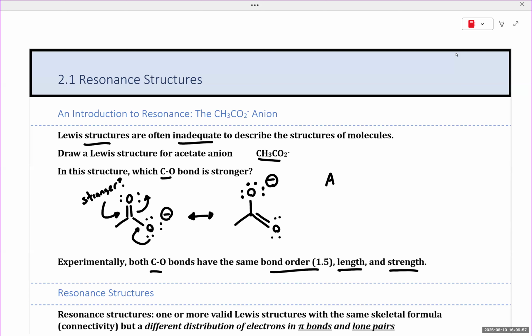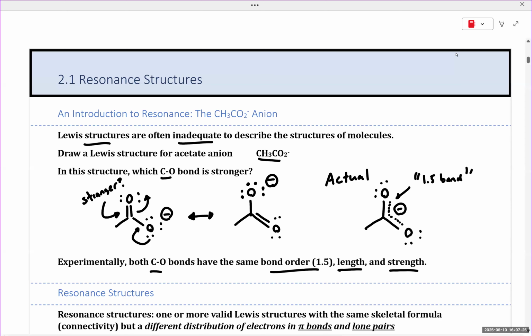So in terms of what we actually see, the actual structure for the acetate anion is closest to almost like a 1.5 order bond, where these pi electrons and that negative charge are distributed across this pi system. So when we look at this bond order, it's about a 1.5 bond.